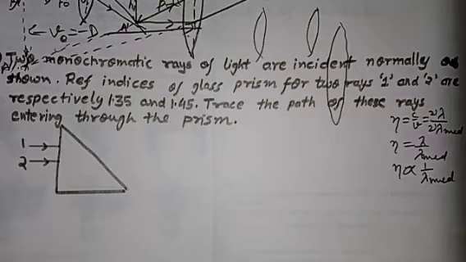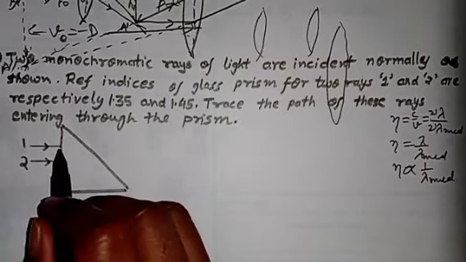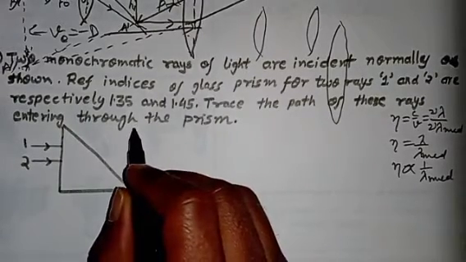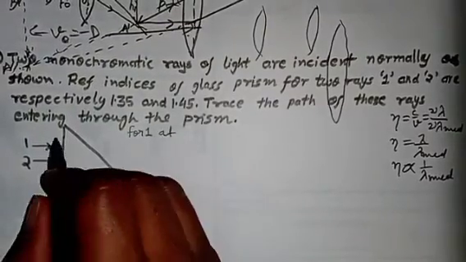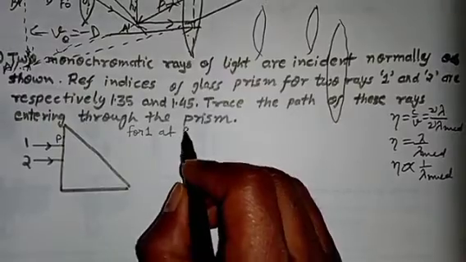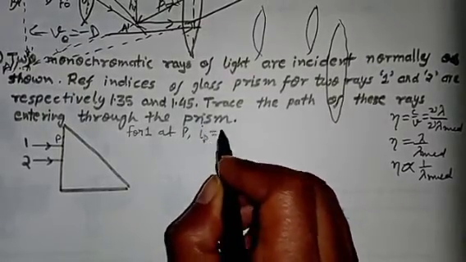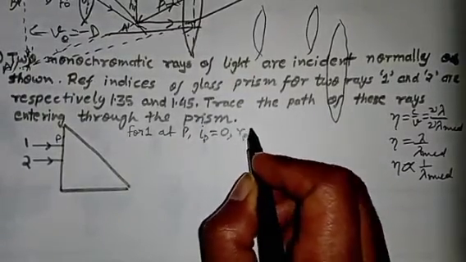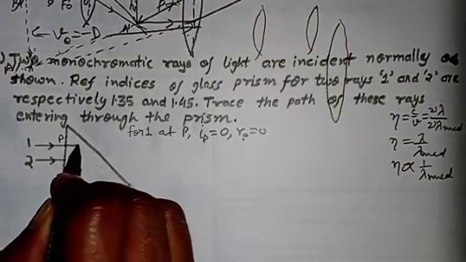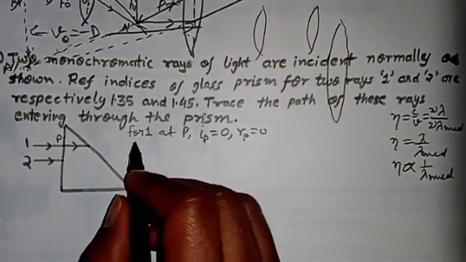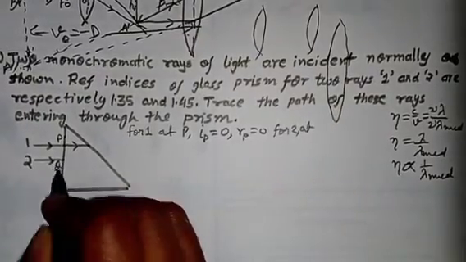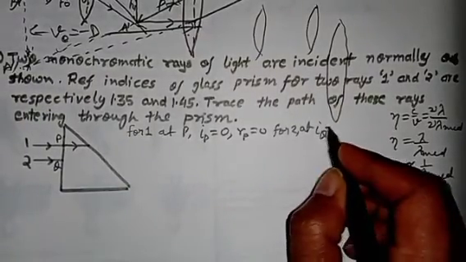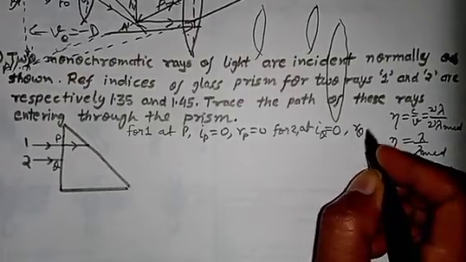Next, step by step, we'll draw this diagram. For ray 1, suppose this point is P. The angle of incidence at P is 0, so the angle of refraction at P is also 0, so it will go straight. And for ray 2 at Q, IQ is 0 and RQ is also 0.